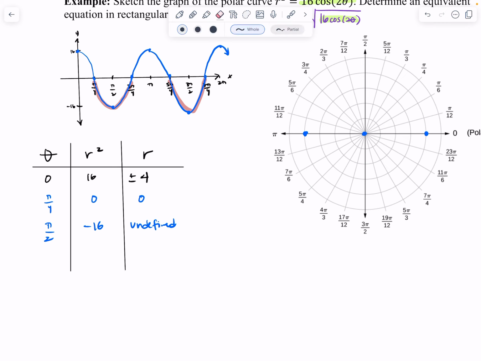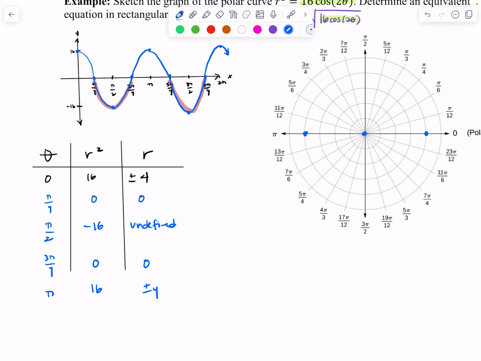You could almost think about blocking them off on your polar coordinate system. But then referencing the graph, back at 3 pi over 4, we're back to 0. And then if we go to pi, we're up at 16 again, so we have plus or minus 4.